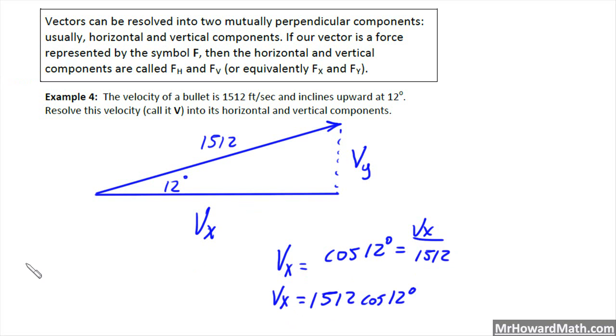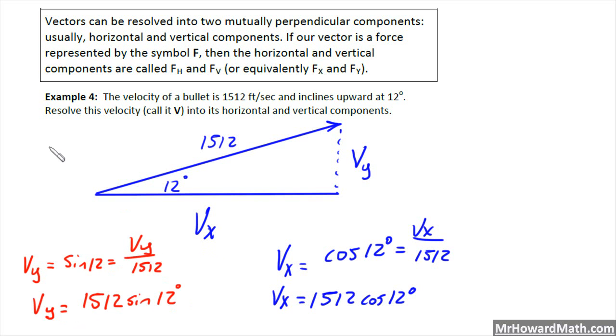And our vertical component, v sub y, is going to be the same thing, only we'll use sine. So sine of 12 degrees is equal to the opposite side, v sub y, over the hypotenuse, 1512. So our vertical component, v sub y, is equal to 1512 times sine of 12 degrees.